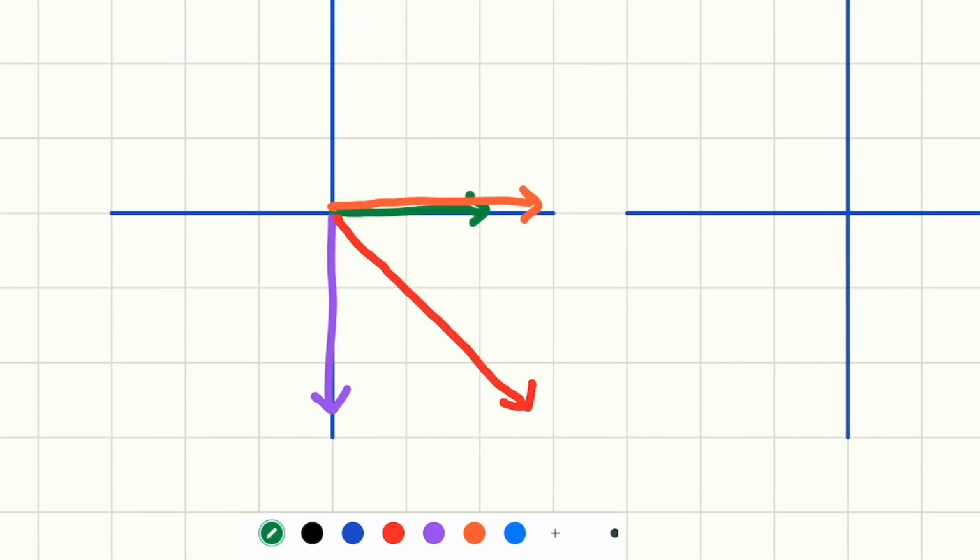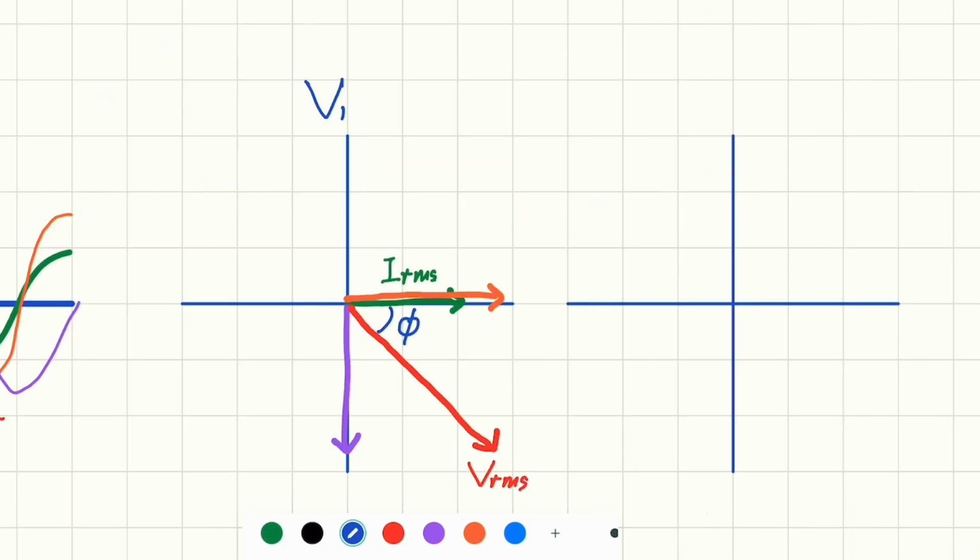Now what's next? Next is, of course, the angle. Now remember, this is the input voltage, the RMS value. And the green one represents the I of the input as well. And this is the angle phi.